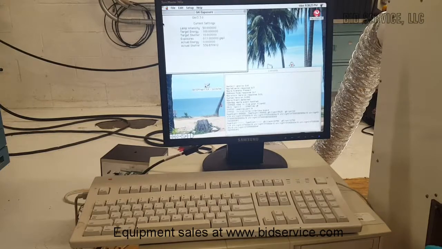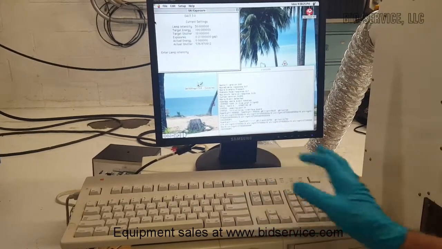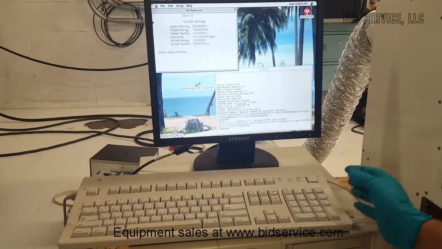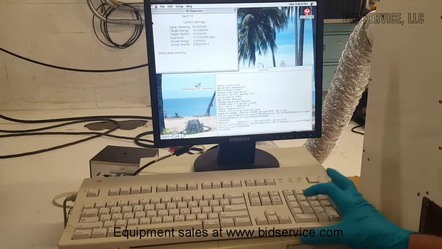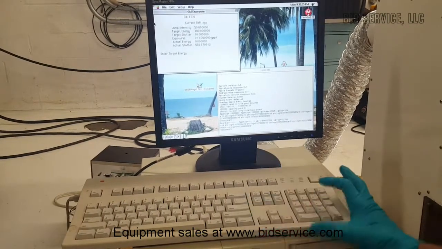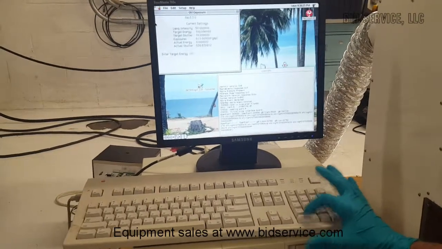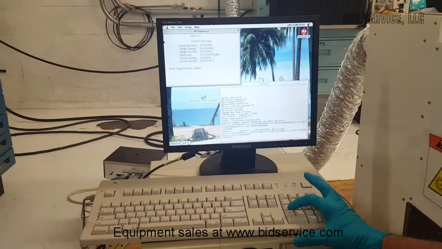Now that's a wrong entry for the shutter. It should never be entered as a number like 10. So I'm going to do it again. Say 200, and speed about 1.